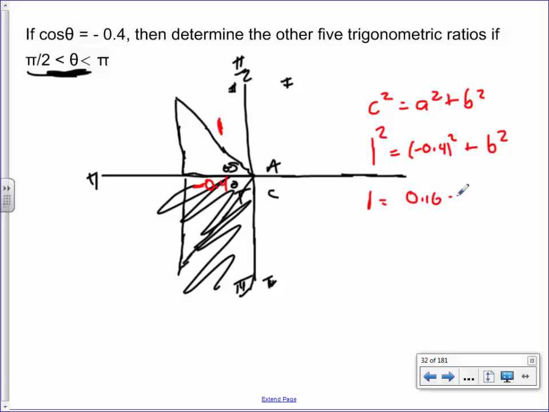Well, no, you add that to get b squared. So how do you get b by itself? Subtract it to the other side and square root. So you need the square root of 0.84. So I'm going to round it to 2 decimal places. Let's call it 0.92. Anybody else get that?